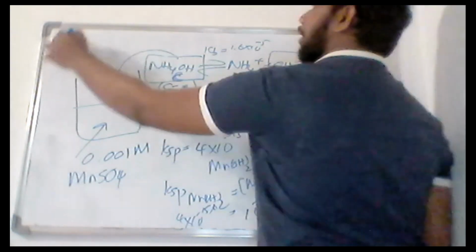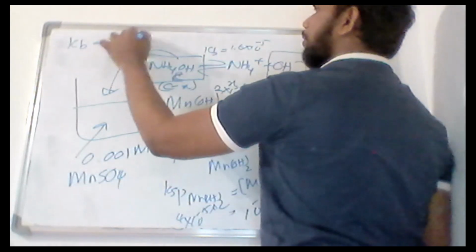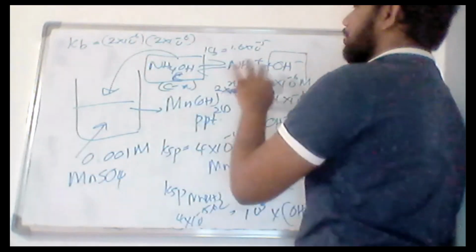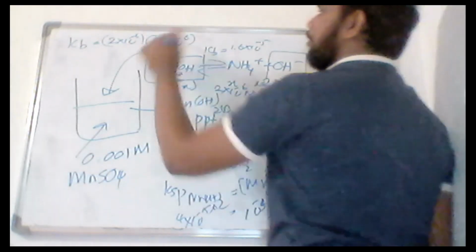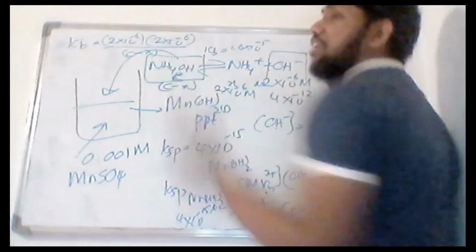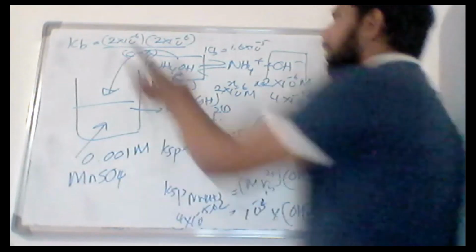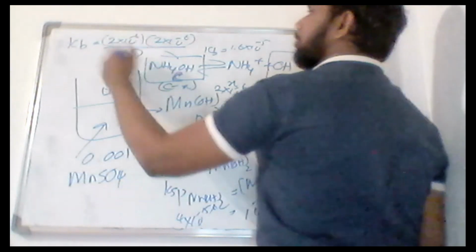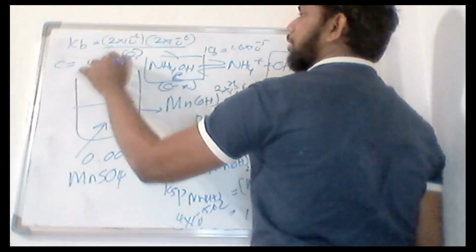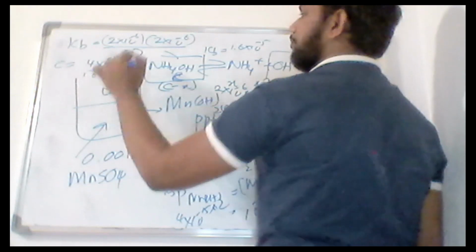So typically you can write Kb is equal to 2 into 10 to the power minus 6 times 2 into 10 to the power minus 6, because these two concentrations we know, and this will be divided by C minus X. And still we can tell the dissociation X is very small, so you can still take this as C. So your C will be 4 into 10 to the power minus 12 over Kb, which is 1.6 into 10 to the power minus 5.